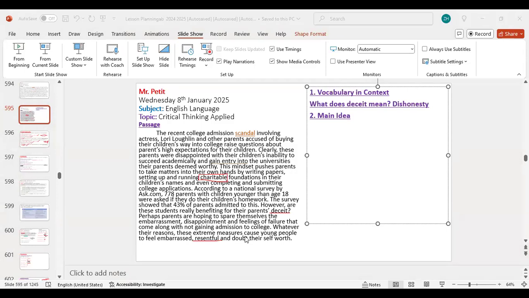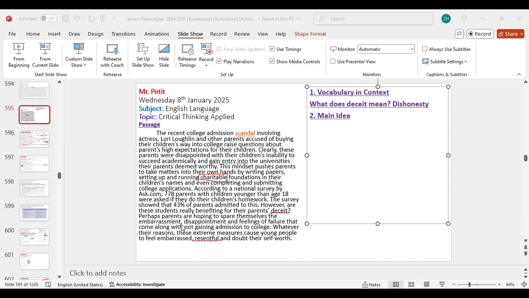So these are the options. Let's go over them. Is the main idea to highlight the benefits of parents helping their children?